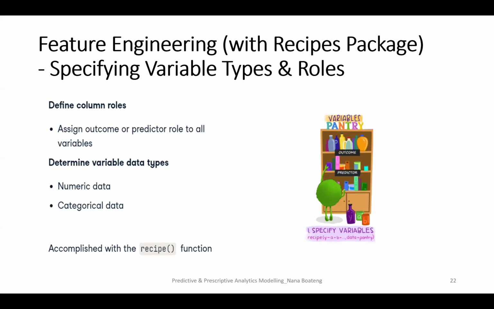This morning, we used a numeric outcome and then we used normal linear regression. So the outcome variable will determine some of the transformations that will be possible. We'll see all of that.